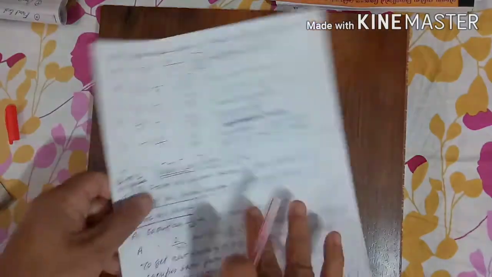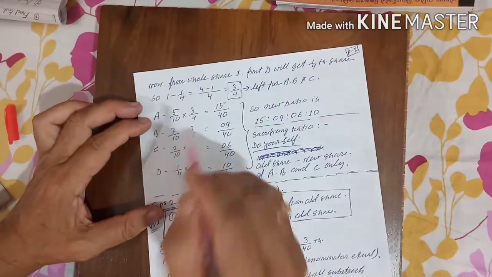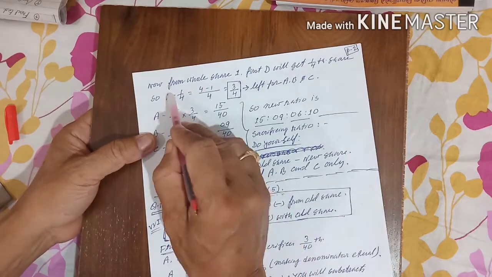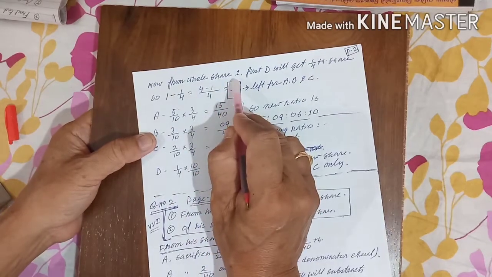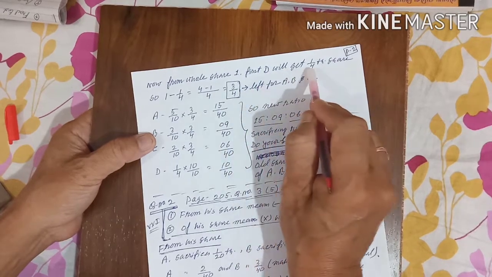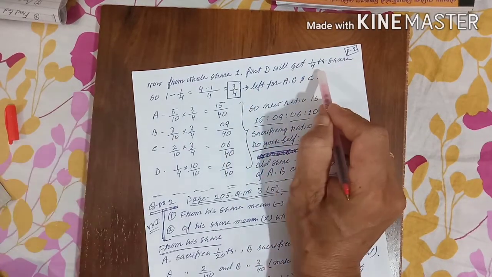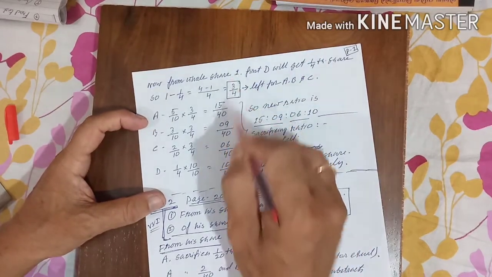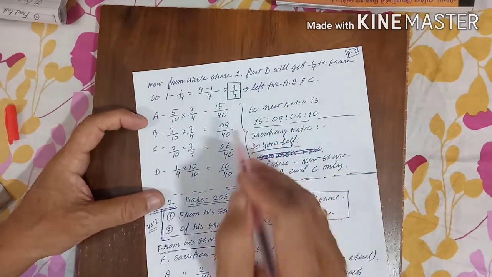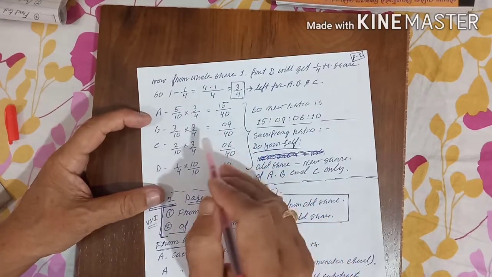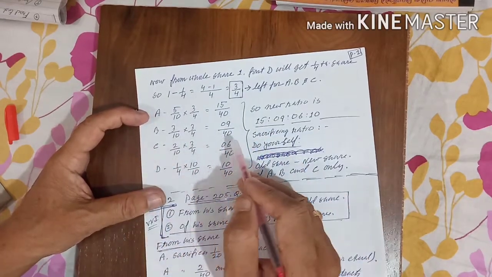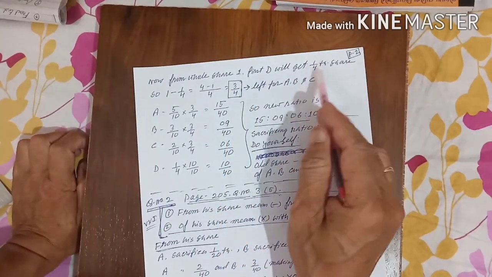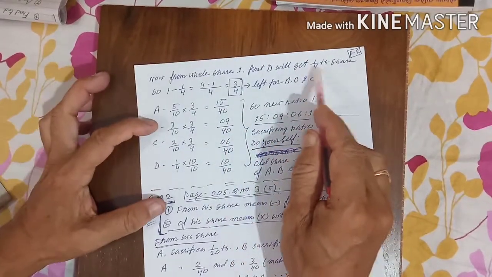So the whole share is always 1. Now from 1 we have to give to Mr. D, who is admitted as a new partner. From the whole share 1, first D will get 1/4 share. After giving 1/4 from 1, whatever is left will be distributed to the old partners according to the old ratio. A question may come to your mind: the share is 1 and you are giving 1/4. Obviously 1/4 is less than 1.